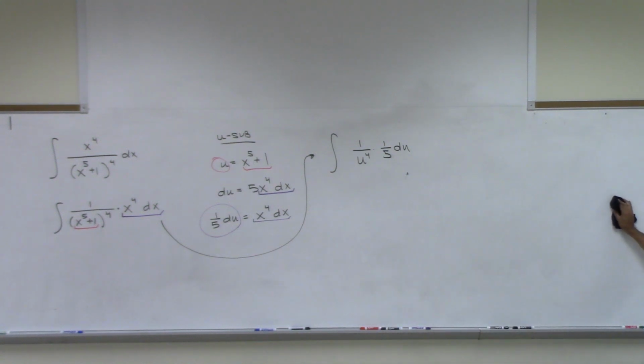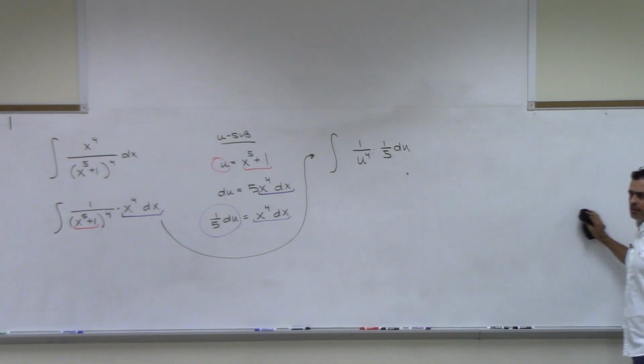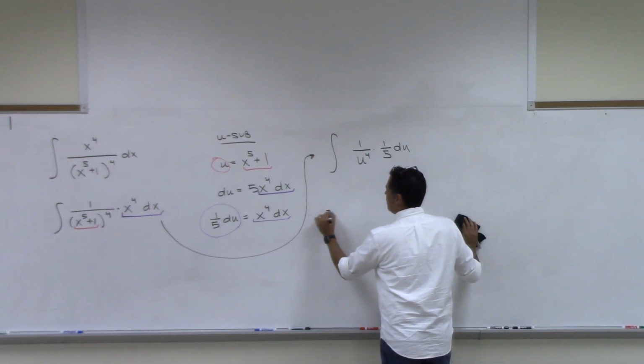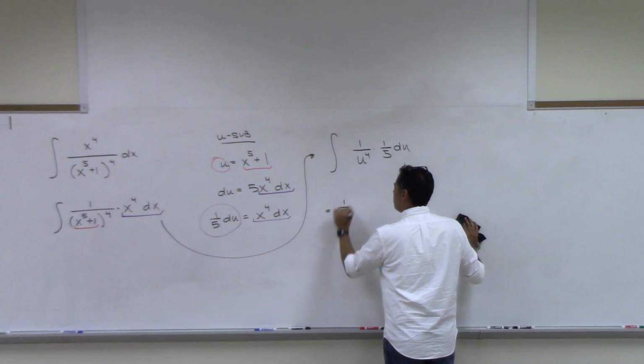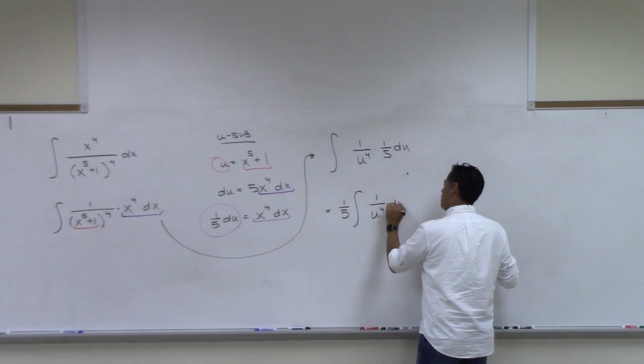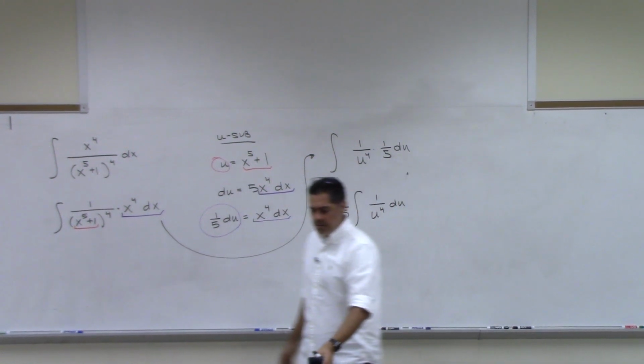Now that 1/5 is kind of a pain to have there. So we have this property of integrals that says that any constants can come out. Right? Constants can come out.